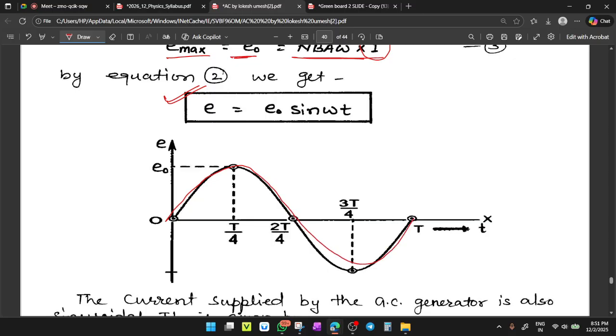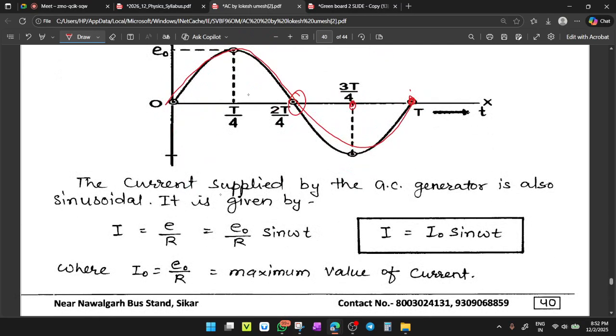We also made this diagram at the start of the chapter. At T by 4 it is maximum E naught, at T by 2 the EMF will be 0, then at 3T by 4, and after one cycle, the EMF repeats its values.